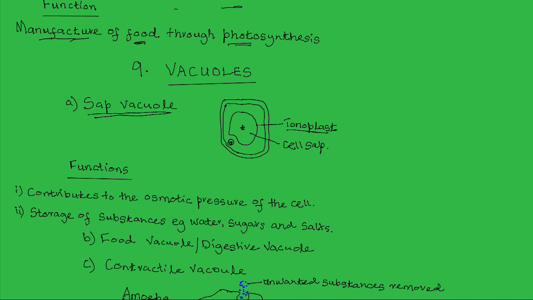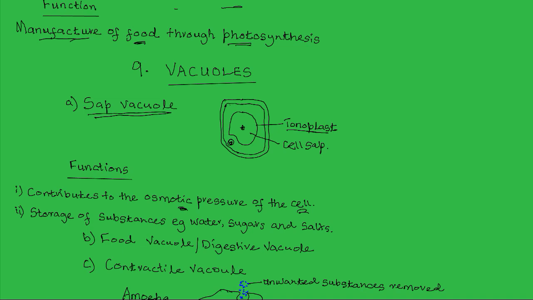Functions of the sap vacuole. 1. It contributes to the osmotic pressure of the cell. Now, the osmotic pressure is the tendency of a solution to draw in water from the surrounding. Now, the stored salts and sugars in the cell sap contribute to the osmotic properties of the cell.